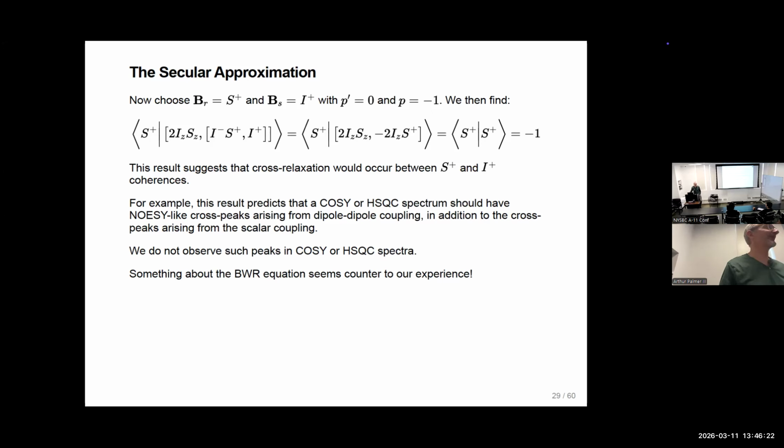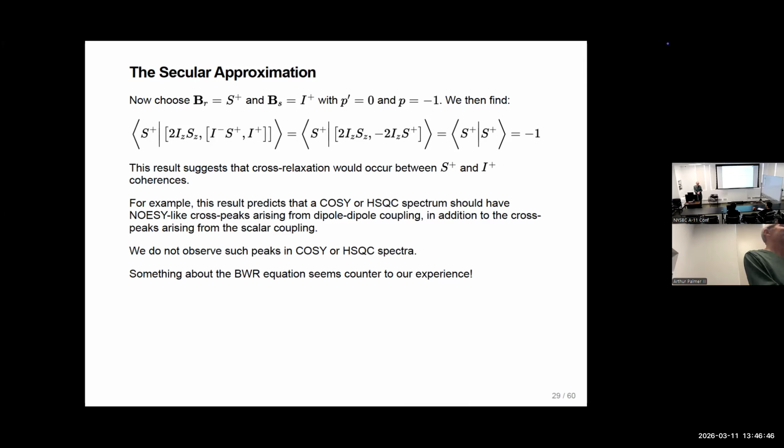So there's something wrong. Our theory says, in a COSY, we generate I plus and S plus and let the J couplings evolve. And that's where the cross peaks come from. But our theory says, in addition to the J coupling cross peaks, there should be cross peaks that look like NOEs.